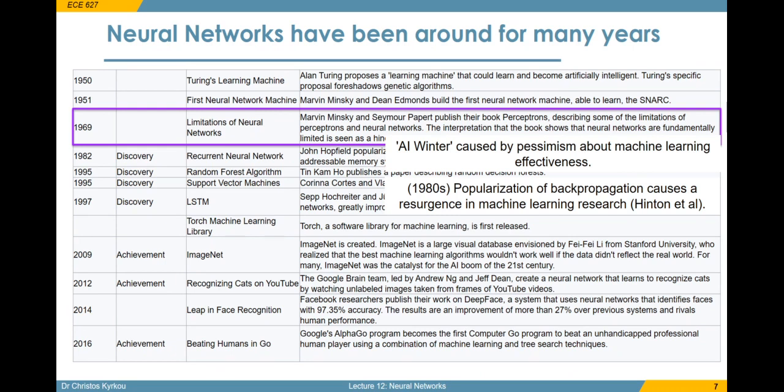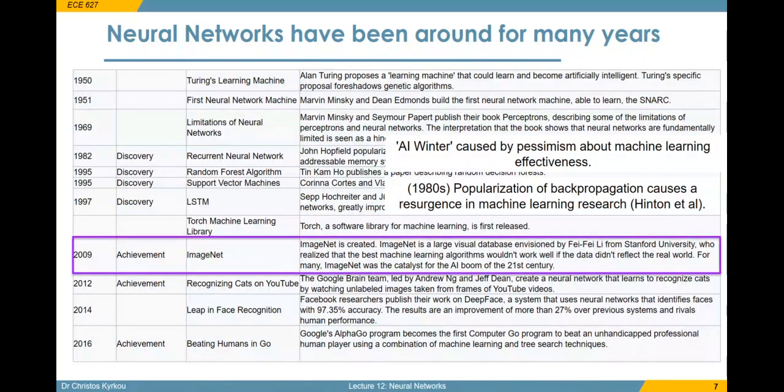So at that time, people started again to have more interest in neural networks. But again, around the end of the 90s, people started using different algorithms like random forests and support vector machines.